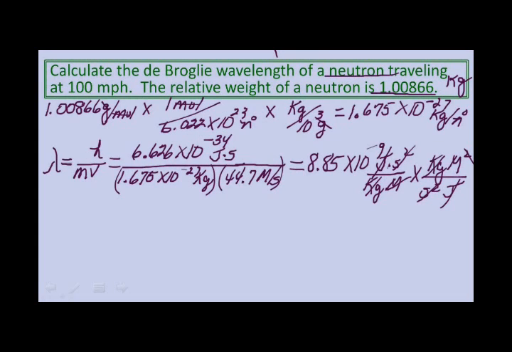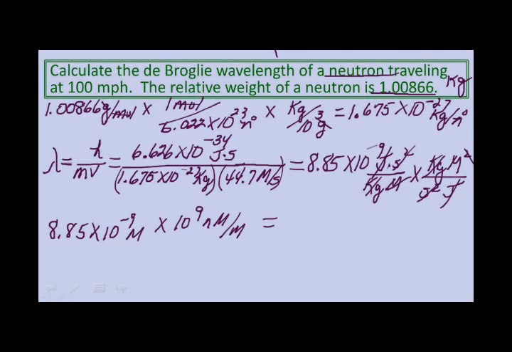And this is going to come out to be 8.85 times 10 to the negative 9th meters, but we need it in nanometers. And you remember that there are 10 to the 9th nanometers per meter.